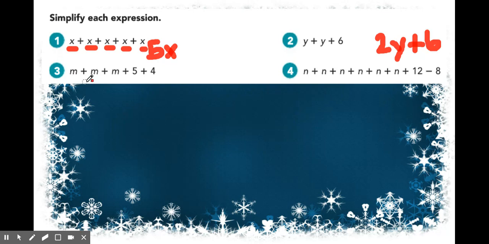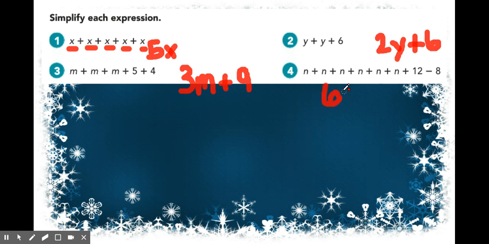Number 3, I have 3m's raised to the power of 1. So when I combine that, I get 3m. Then I have a positive 5, which is a constant, and a positive 4, which is a constant. So I can add those two, and I will get 9. So I have 3m plus 9. The last example, I have 1, 2, 3, 4, 5, 6 n's.